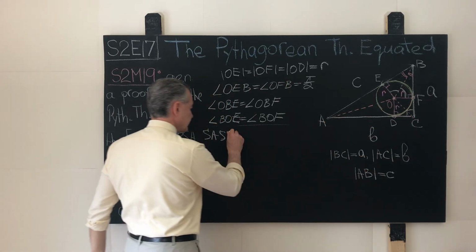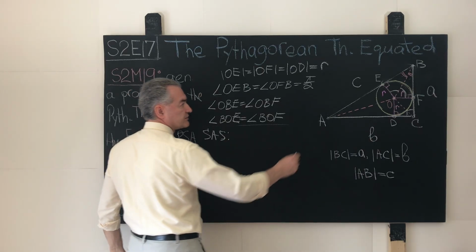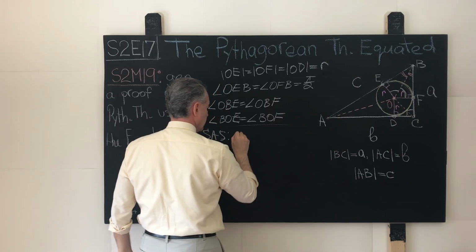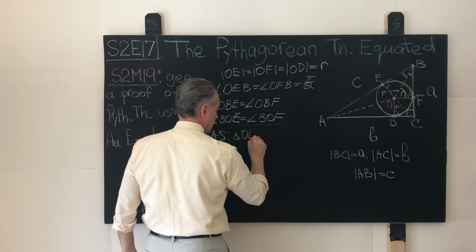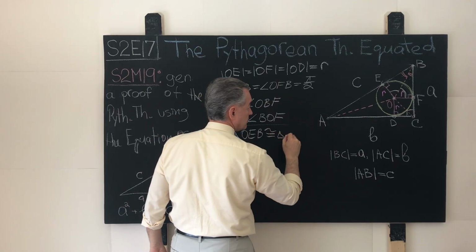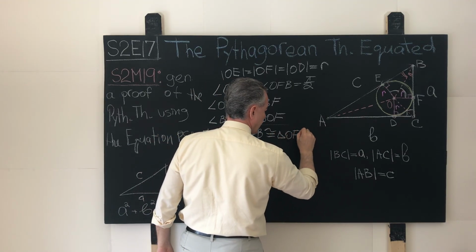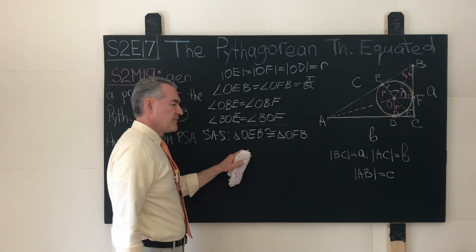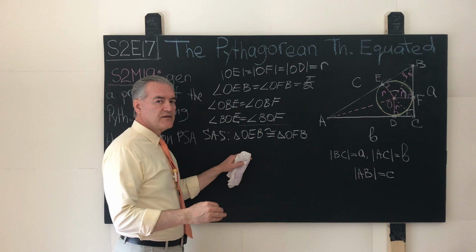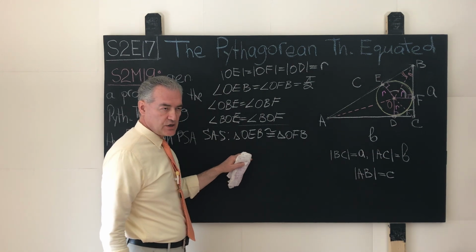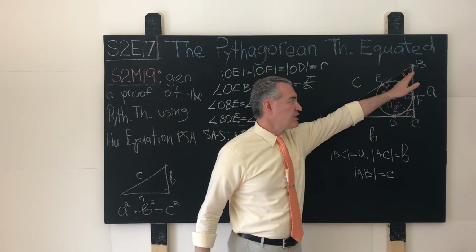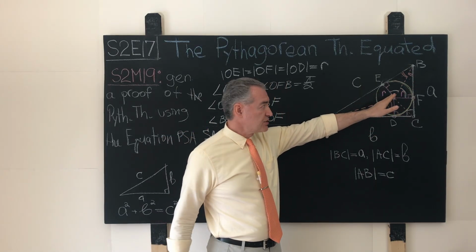The two triangles that we're considering right now, the triangle OEB and the triangle OFB, are congruent, and in congruent triangles, the lengths of the corresponding sides are one and the same. We already established that the length of the side BO, since it's being shared, is one and the same.